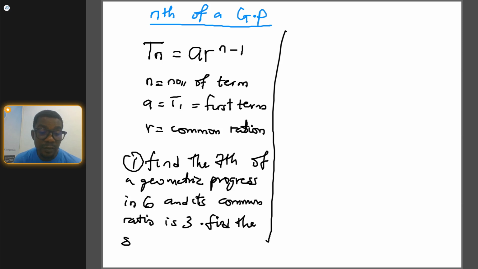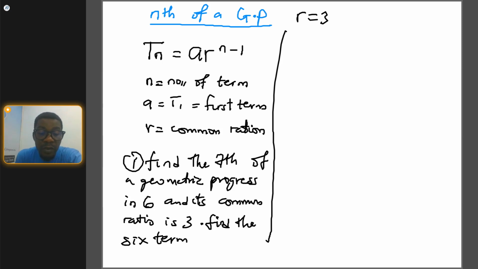Find the sixth term. So we have the common ratio to be r equals 3.